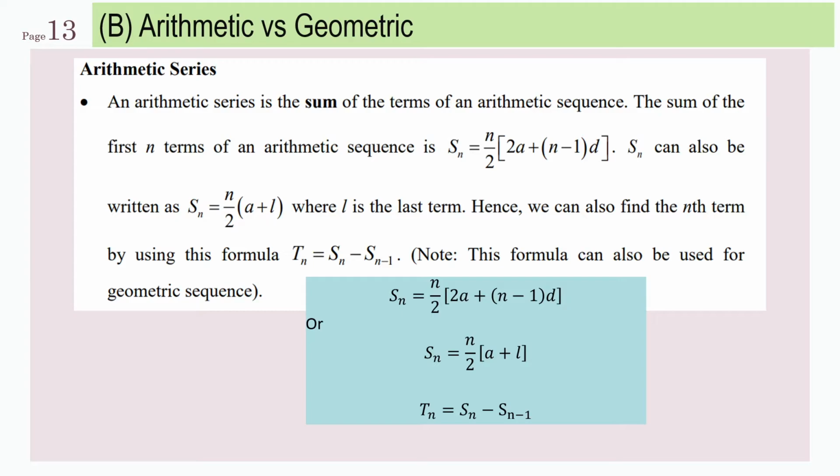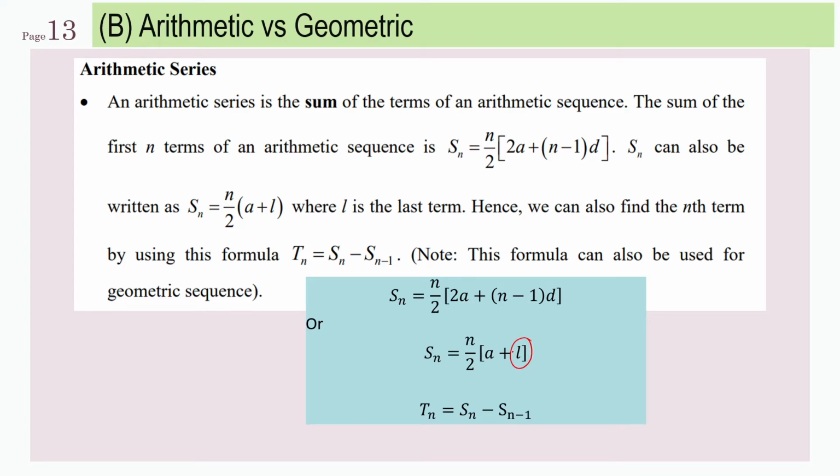Then we go to the arithmetic series, which is the sum of the terms in our arithmetic sequence. Over here you can see that we have two different formulas. Sn equals n over 2 times 2a plus n minus 1 d, and Sn equals n over 2 times a plus L, where L is our last term.